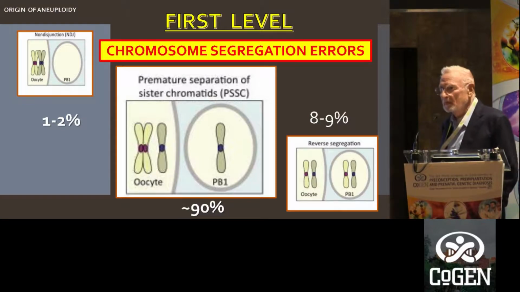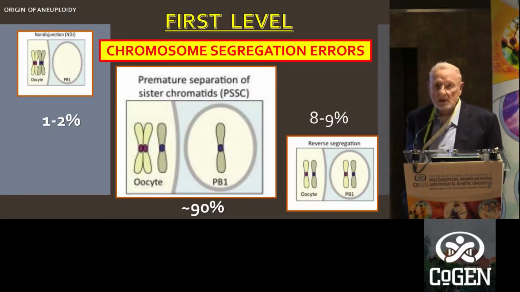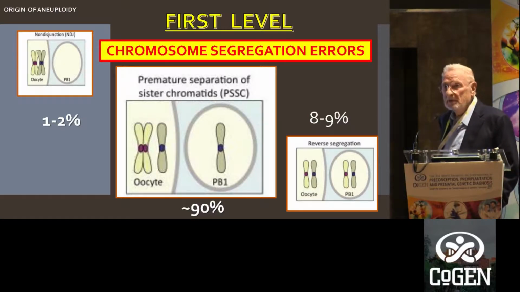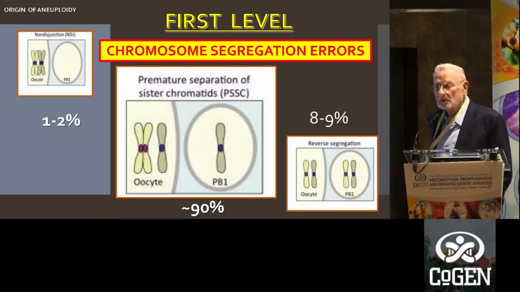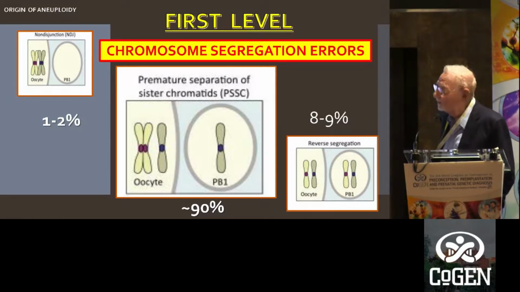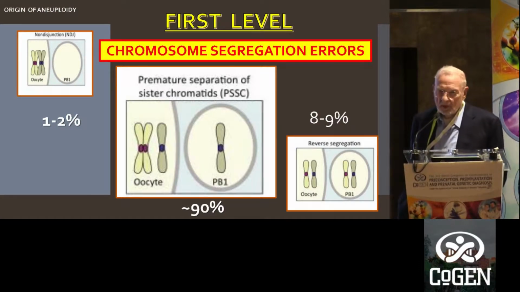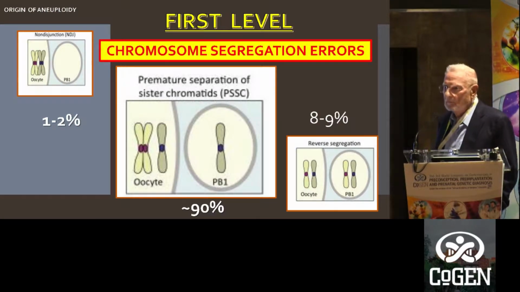So we have to be careful of our language, because many times people describe these chromosome abnormalities as arising by nondisjunction. If you want to use it as a general term, that may be agreeable, but if you want to be very specific, nondisjunction actually forms only a very small part of the etiology leading to aneuploidy.